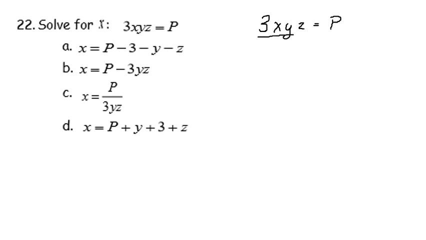So we can get rid of all of those by dividing by 3yz on both sides. The 3's would cancel out, the y's would cancel out, the z's would cancel out, and we've got x equals p divided by 3yz. So therefore our answer is C.